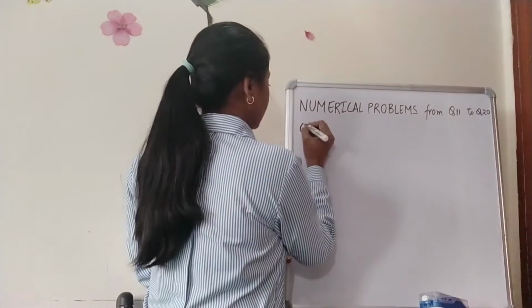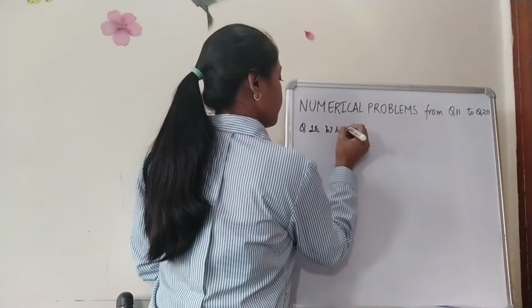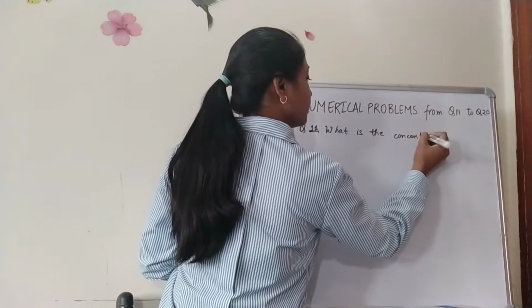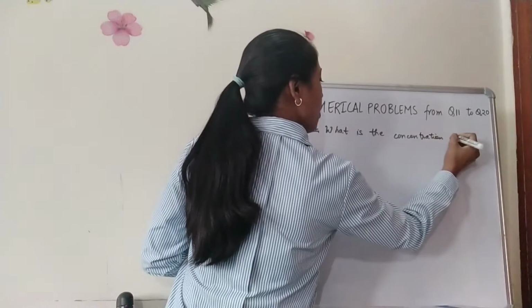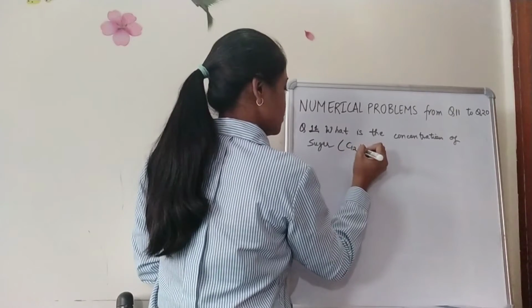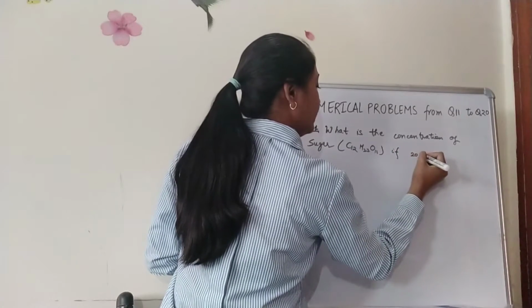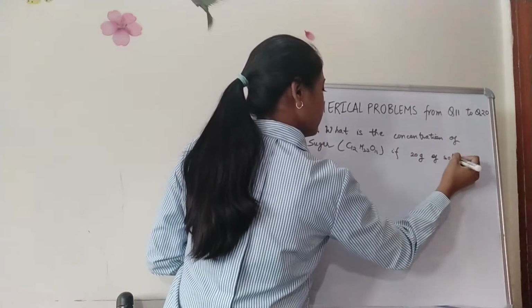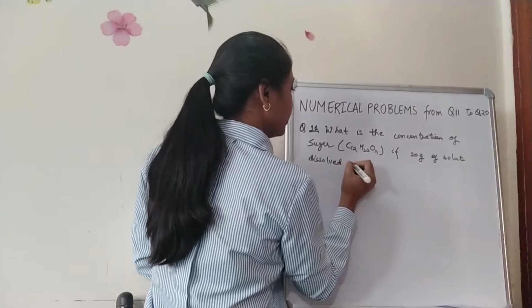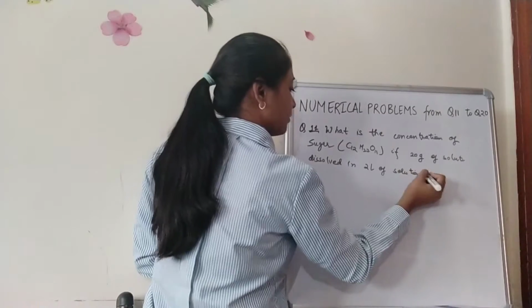So question number 11 is: what is the concentration of sugar, that is C12H22O11, if 20 gram of solute is dissolved in 2 liter of solution, right?